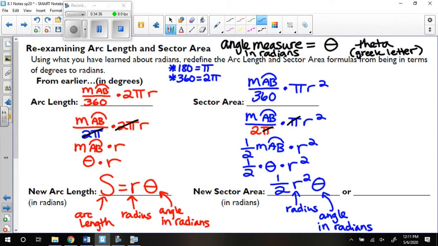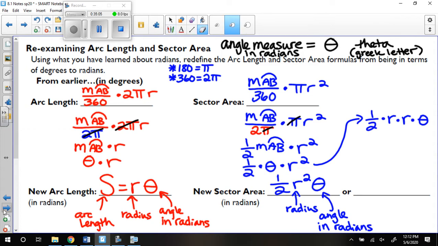Now, I know that my arc length is r times theta. So if I rewrite this formula, I've got 1/2 times r times theta. Isn't that technically what this says? Yeah. Here, I'm actually going to do my arrow from this one.